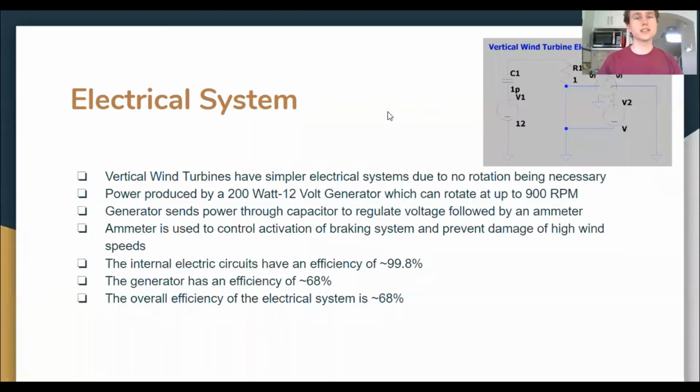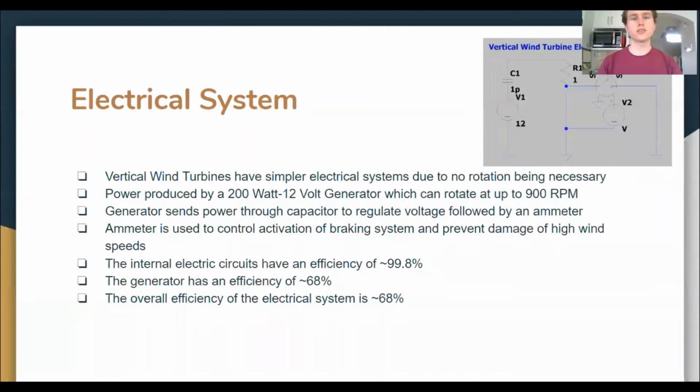Vertical wind turbines tend to have a simpler electrical system compared to their horizontal turbine counterparts. And this is due to no rotation of the actual turbine being necessary, as it's always facing the wind. Our power will be produced by a 200 watt 12 volt generator, which can rotate up to 900 RPM. And we'll get to the 900 RPM through our gearbox.